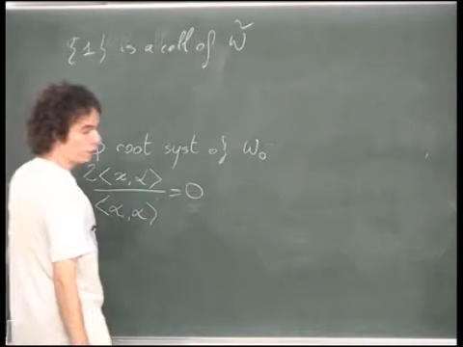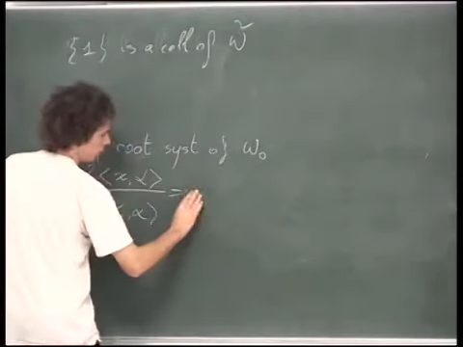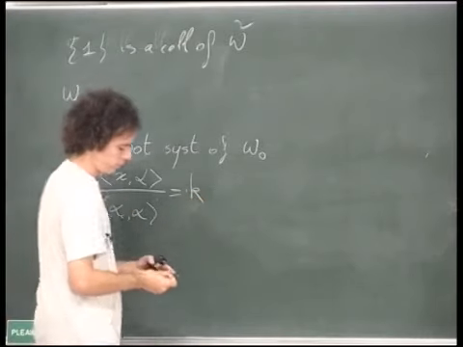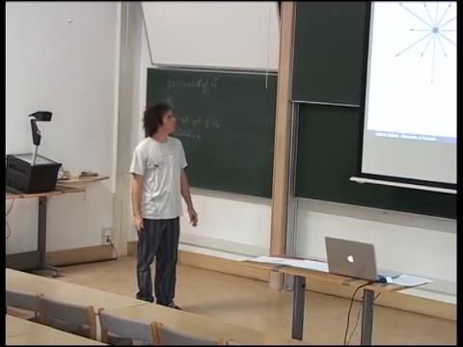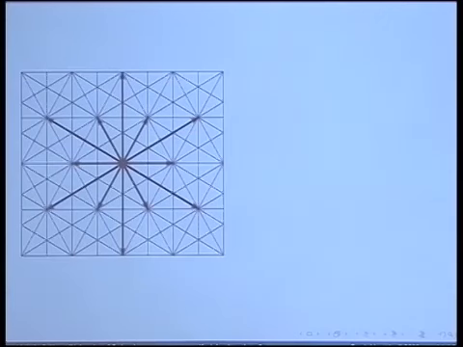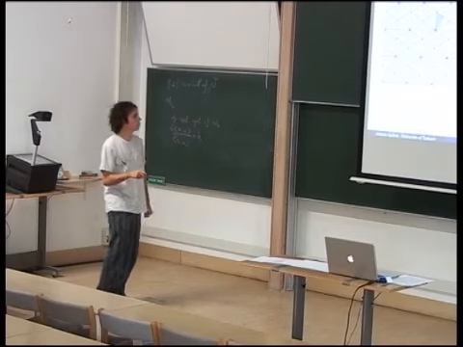So you're in a Euclidean space here of dimension 2. If you use these roots, you get all these hyperplanes, and you keep going. You end up with this picture. An alcove is a connected component of the space minus all the hyperplanes, so any triangle there. You fix an alcove A0, any one, this one.